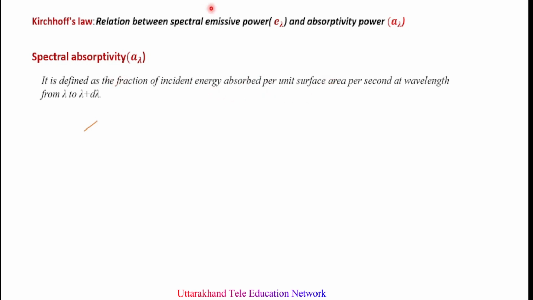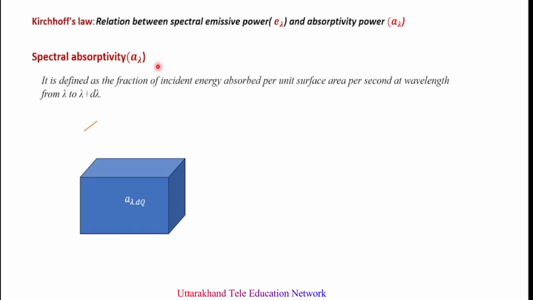Suppose the absorptivity is 1/3. That means when radiation is incident on the body, 1/3 will be absorbed. Now here I take our black body, and we consider this area as the unit area, and now apply dq amount of radiation.